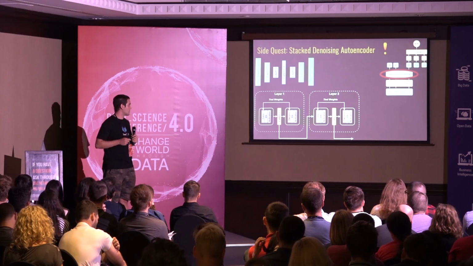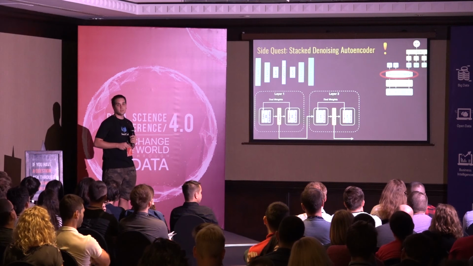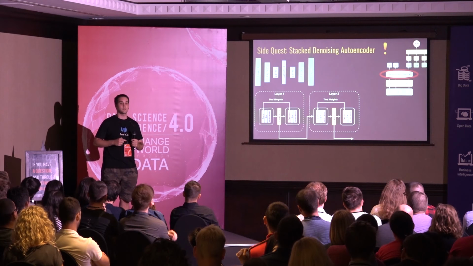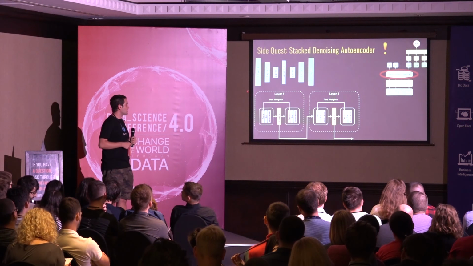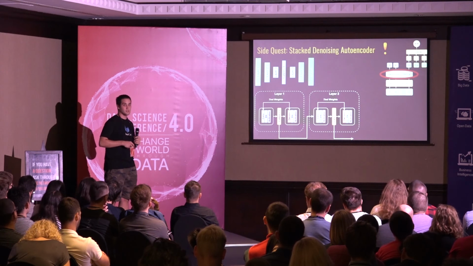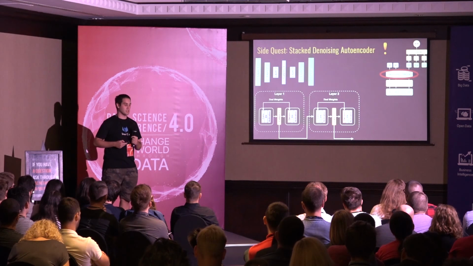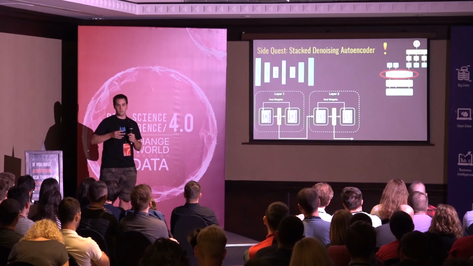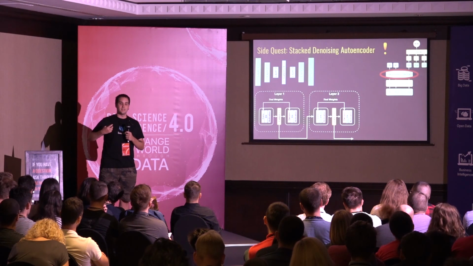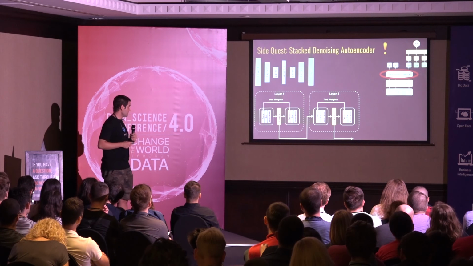There are two things worth mentioning here. The first is the denoising part, which means that at the input of each layer we add some noise, some corruption, and we force this layer to reconstruct the image without this corruption. For example, we add some black and white pixels to the image, and in the reconstruction we must not see these black and white pixels.